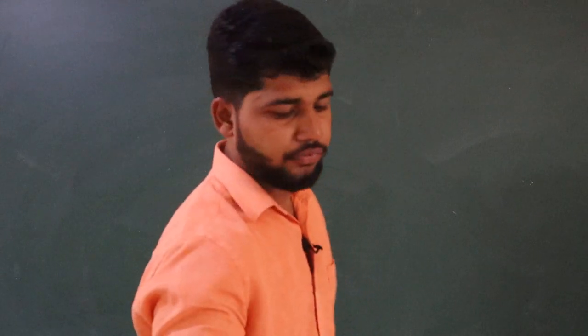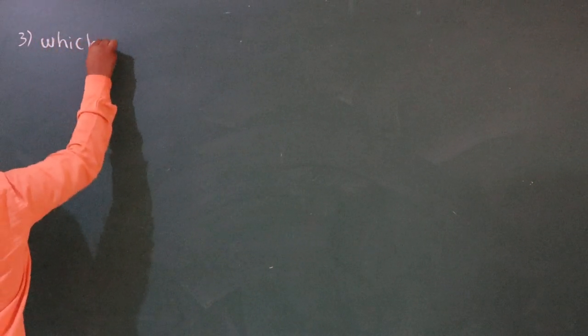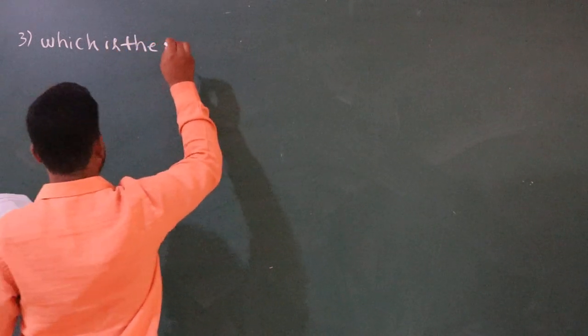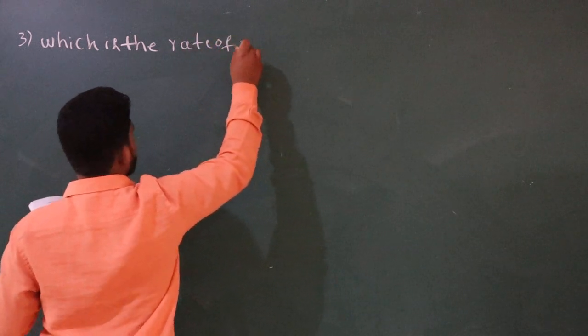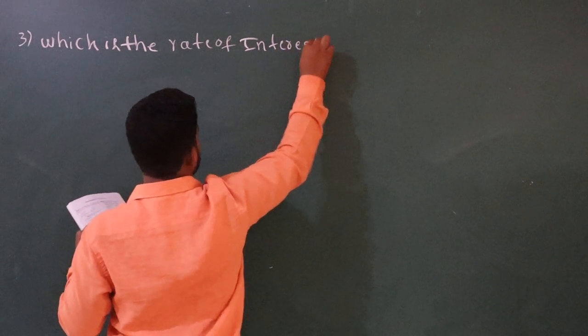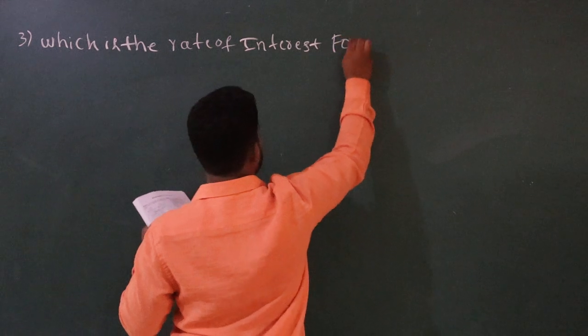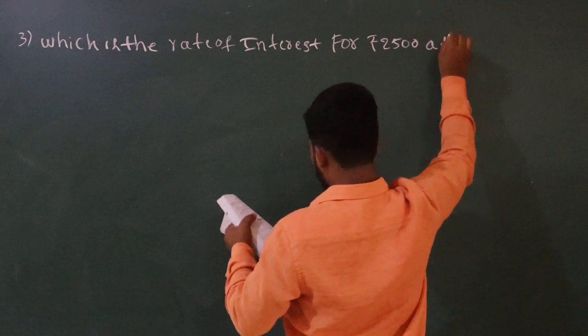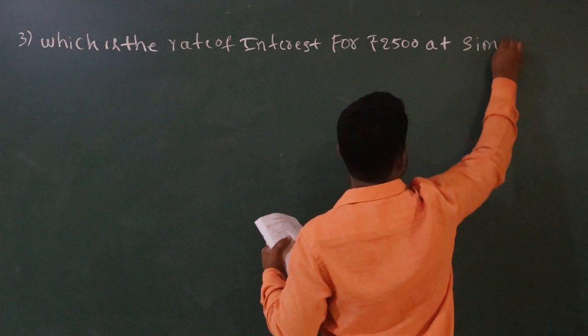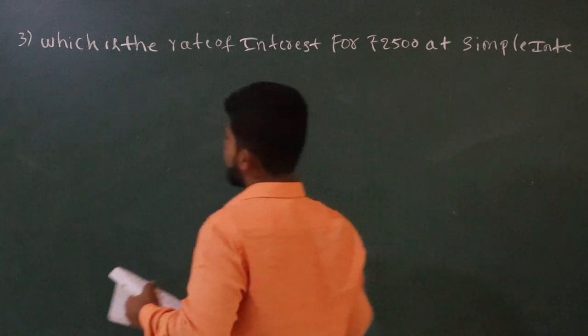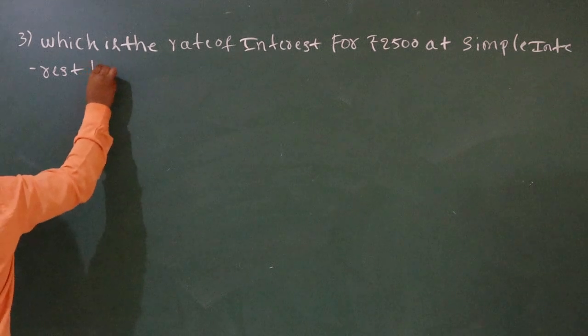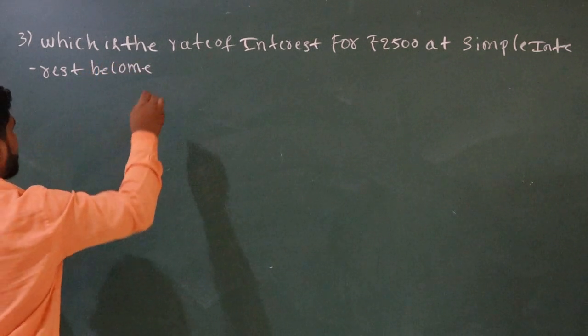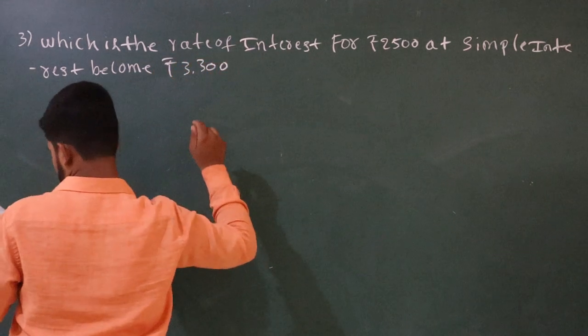Now look at the third problem. Which is the rate of interest for rupees 2500 at simple interest to become rupees 3300 in 4 years.